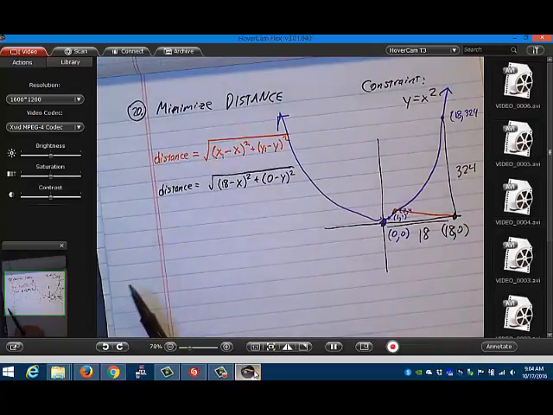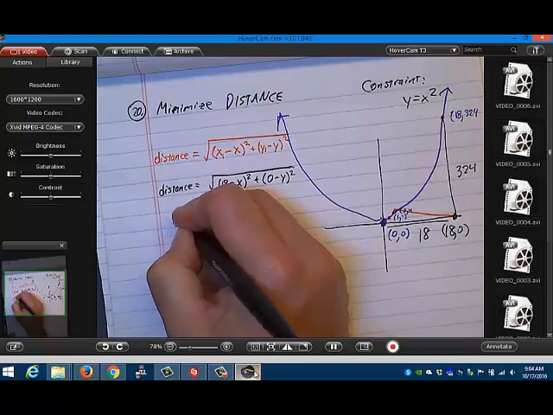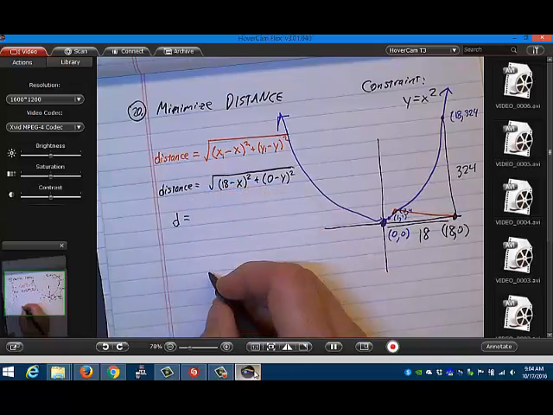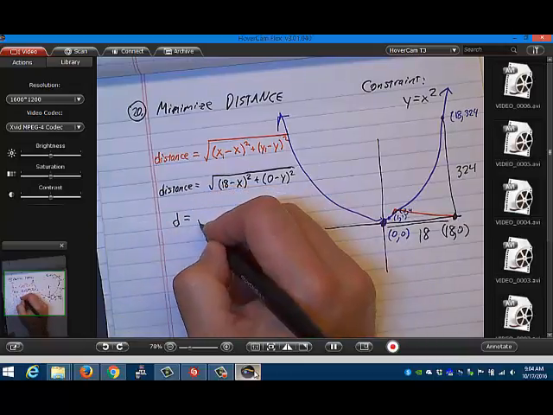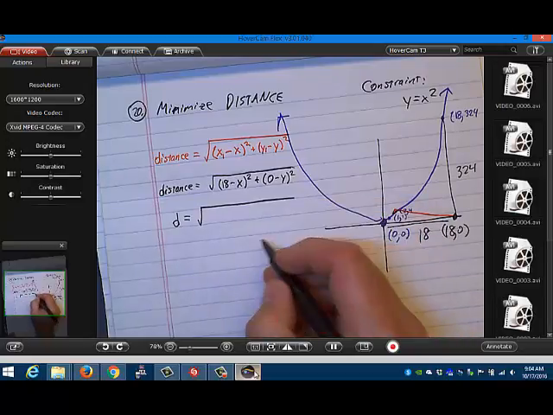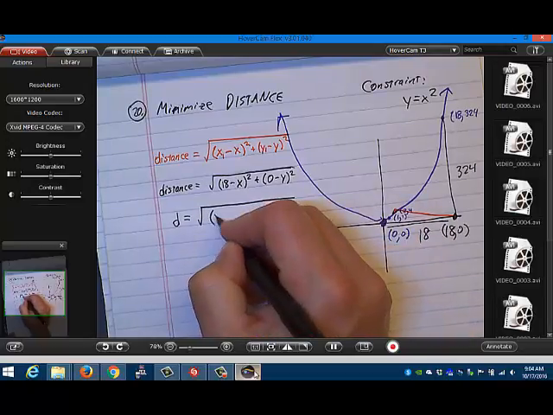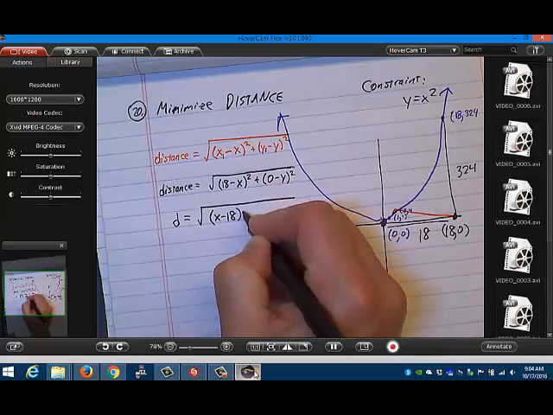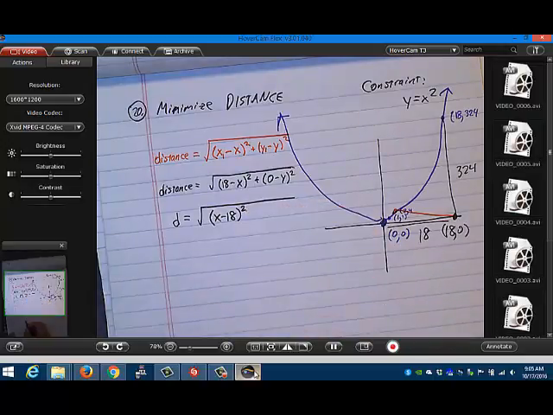Is this okay? And I'd like to simplify a little bit more. I'll just call it d. D is equal to the square root of... Are you guys okay if I write x minus 18 quantity squared? Are those the same, x minus 18 and 18 minus x?